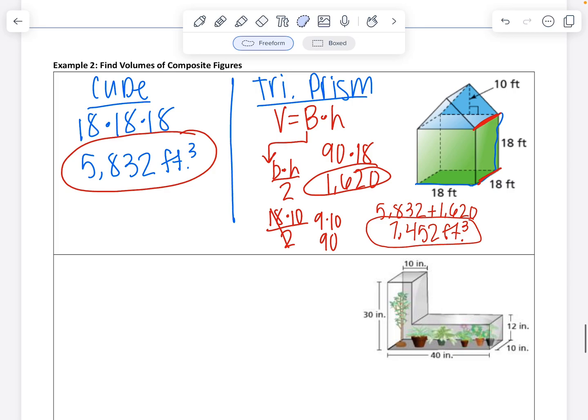But it's not 40, because 40 goes all the way. And we want ours to stop right here. So I need to figure out what this part is. So that part, if you look up, would be 10. So to figure out what this part is, I have to do 40 minus 10, and I would get 30.